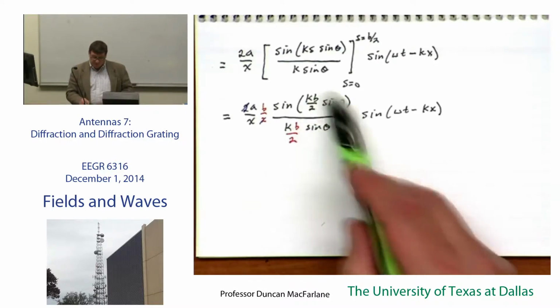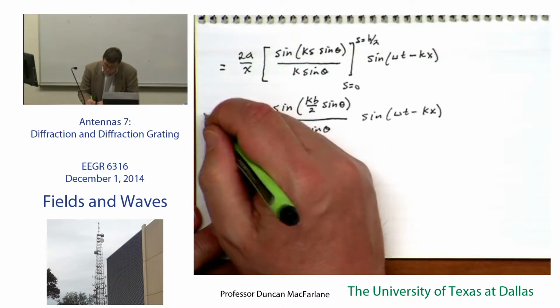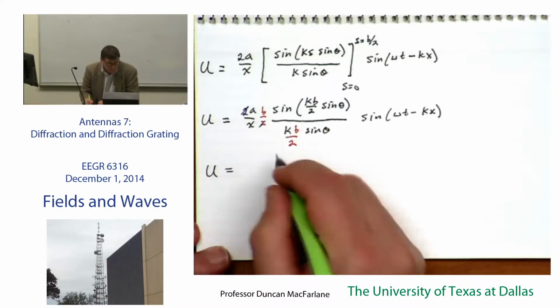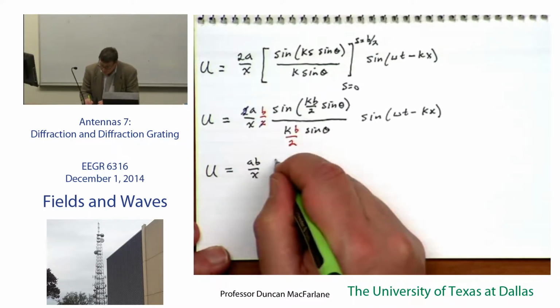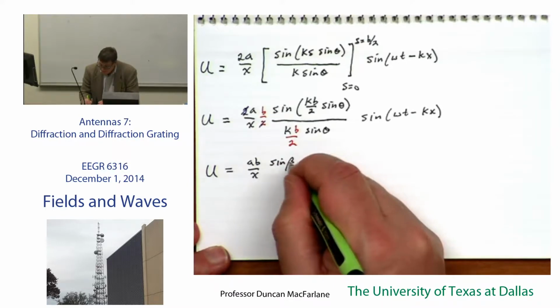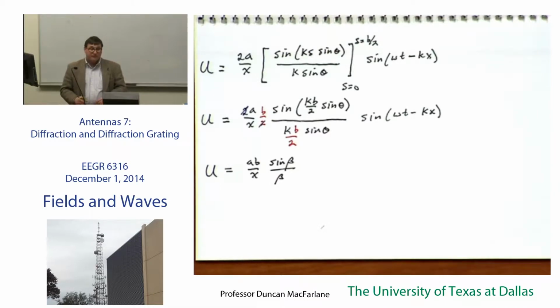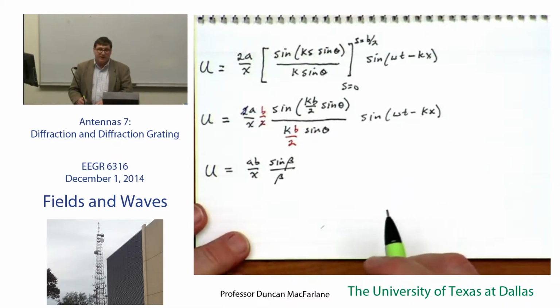So this is now in the form of a sinc function. And I'll write all this stuff in here as beta. Remember that. That's going to come back again and again and again.